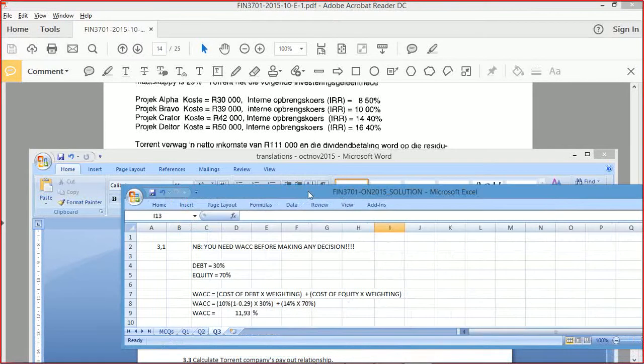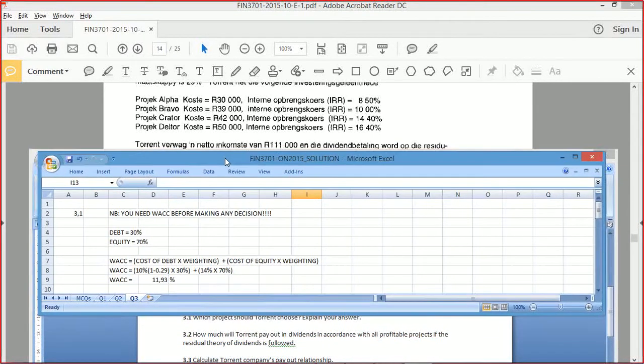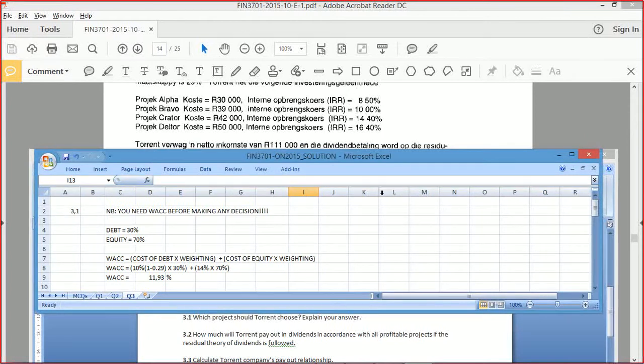Good. All right, so now that you've got the 11.93%, which projects will you accept? Basically everyone except for the first one. No, everyone except for the first two. Yes, C and D.